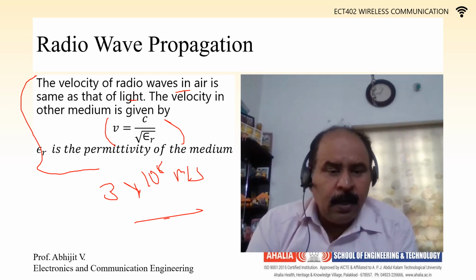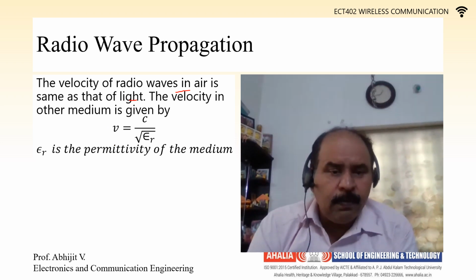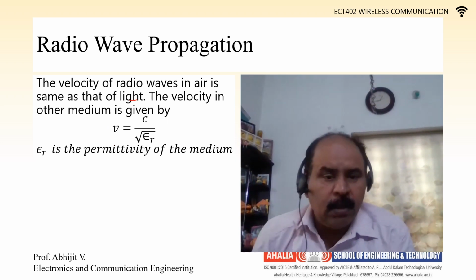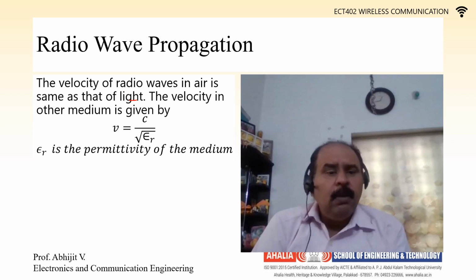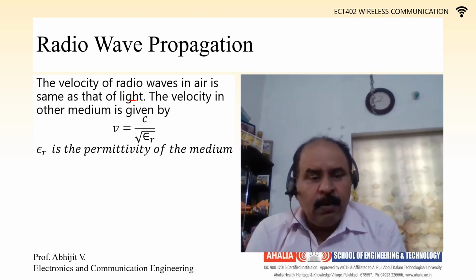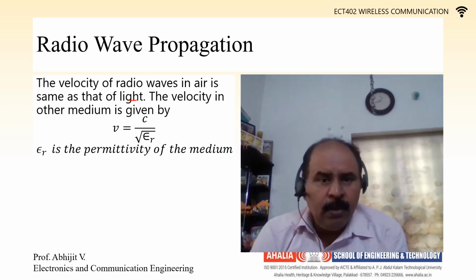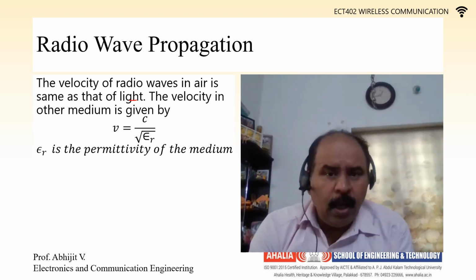So in case you are getting a question about the velocity of light in ground or in the earth wave or in any other media, we'll get that velocity by v is equal to c by root of epsilon r.